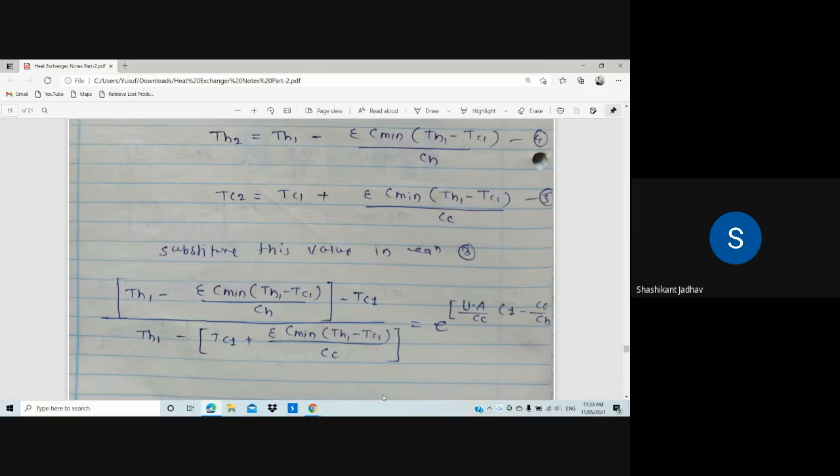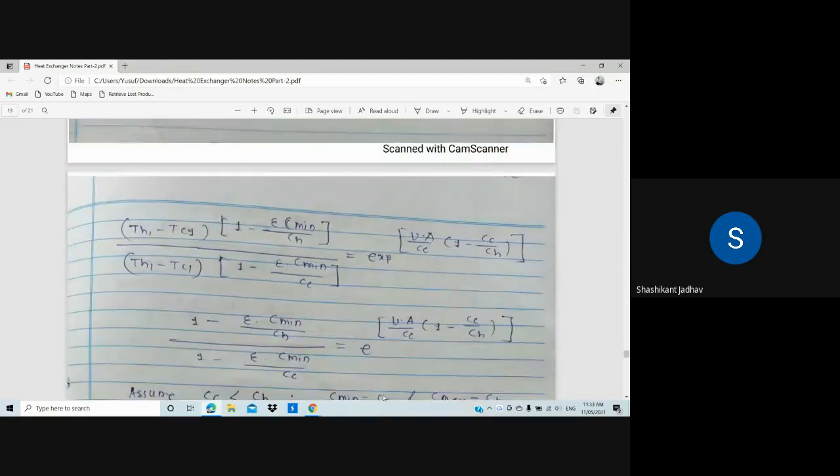Then do the simplification on this equation. By simplification, next we have to take the Th1 minus Tc1 into one bracket. So write down Th1 minus Tc1.